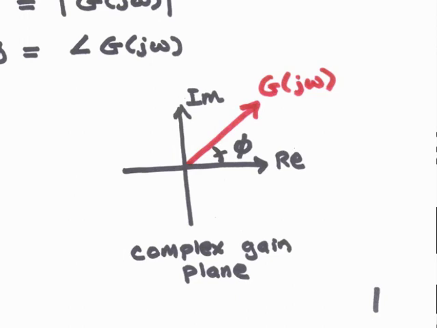The units in the S-plane are frequency, but the units in this plane are complex gain. What that means is that the units of this plane are the units of y divided by the units of x. So if the output had units of meters and the input had units of volts, the units on the axes in this plane would be meters over volts.